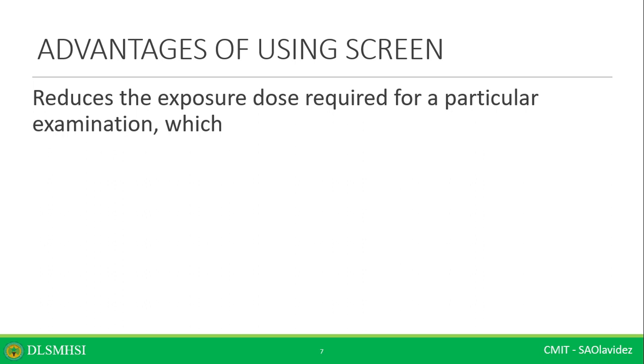The reduction in dose brought about the following advantages. First, it results in low patient dose. This is the primary advantage of using an intensifying screen. As I have mentioned in my introduction, the intensifying screen is probably one of the most important discoveries following the discovery of X-ray.